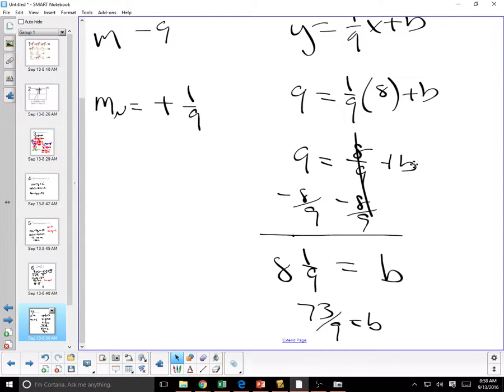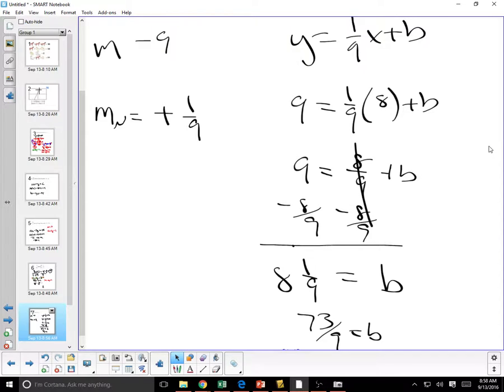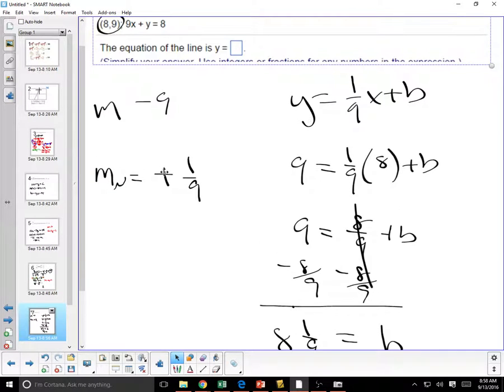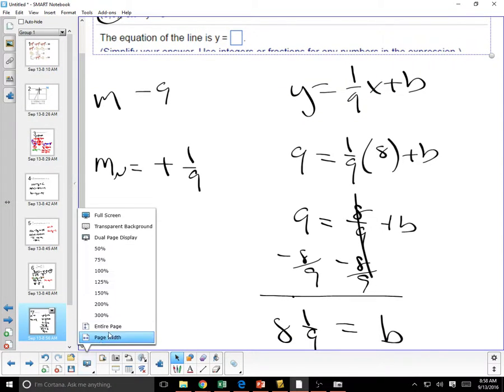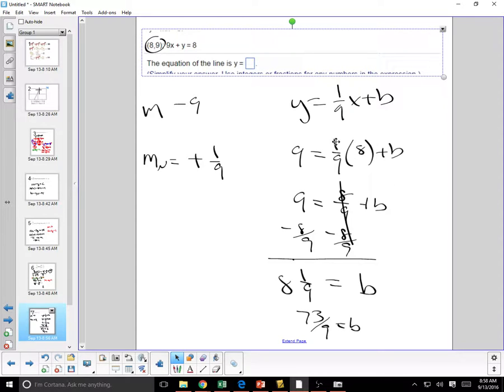Wait, how can you put 9 on the other side? Because we got the slope, which was the 1/9. And then I just plugged in the 9 for the y and the 8 for the x. How did you find b? By solving this.